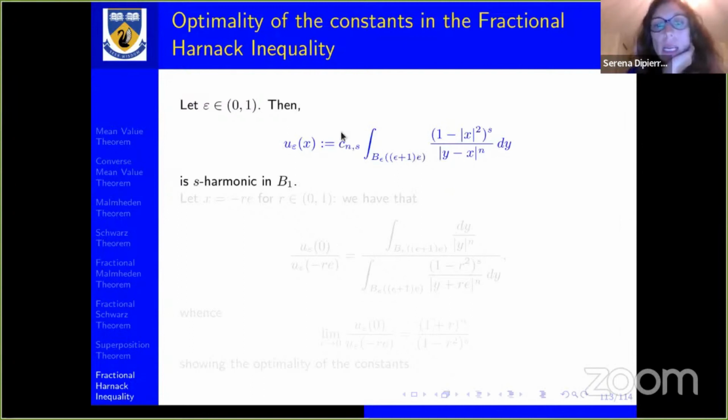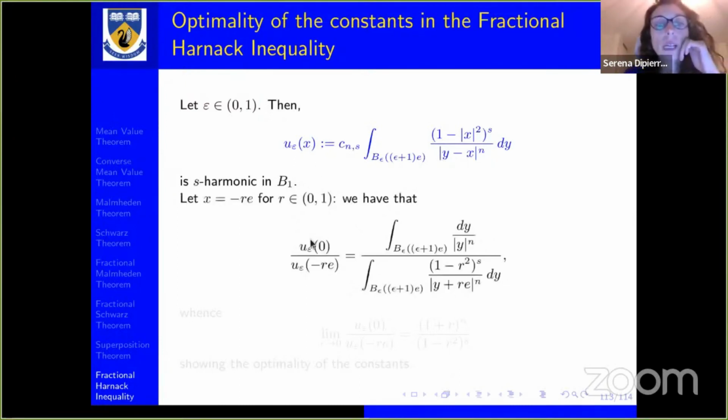And then essentially, this is nothing but the integral outside B1 of f multiplied by the Poisson kernel for a given f, which is the one that I just said. So this is s-harmonic in B1, that's the bottom line. So it's a good function that I can use, and the fractional Harnack inequality should hold for this function, right?